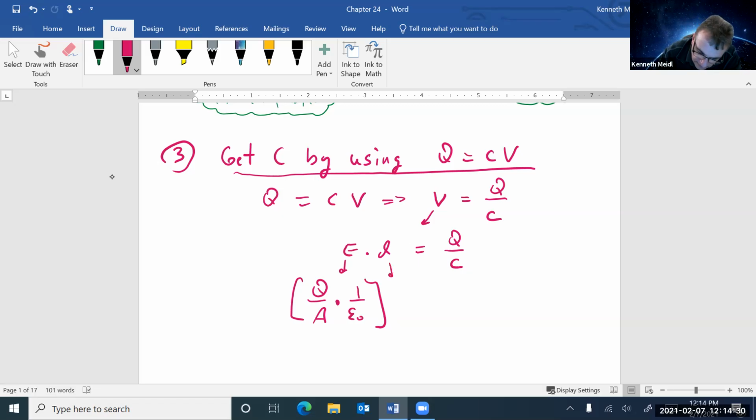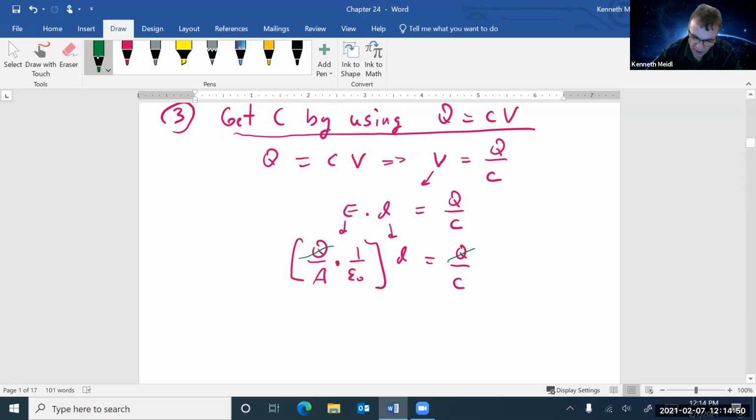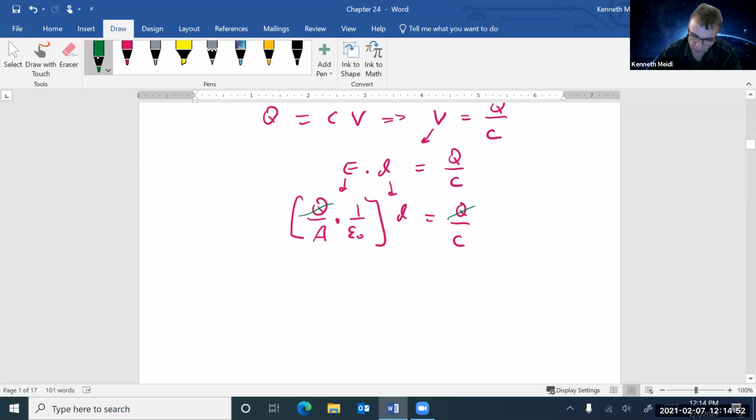And then you've got this D right here. What I really want to see happen is this step right here, that Q disappears out of here. Okay, because my Gaussian may have only had a small amount of the charge. It may not have had it at all. So typically your capacitance does not rely on what Q you happen to have enclosed in your area here.